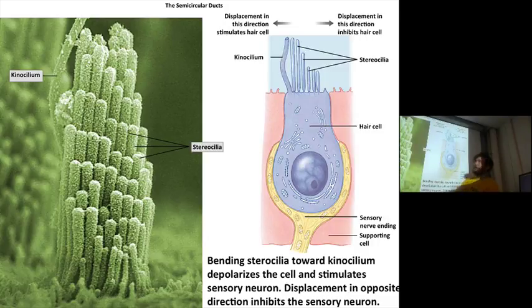When they are displaced in the opposite direction, there is an active inhibition of that hair cell. And when they're not moving, there's no effect. So this direction is stimulation, depolarization. This direction is active inhibition.